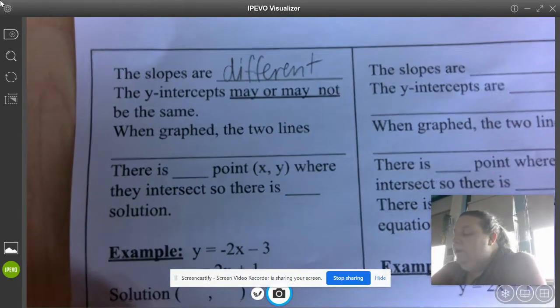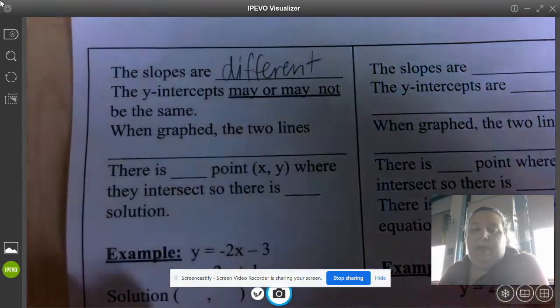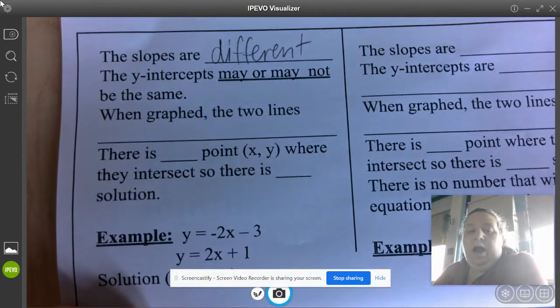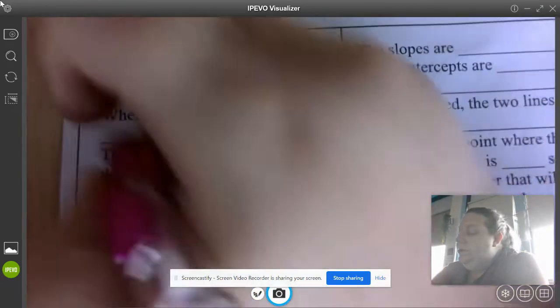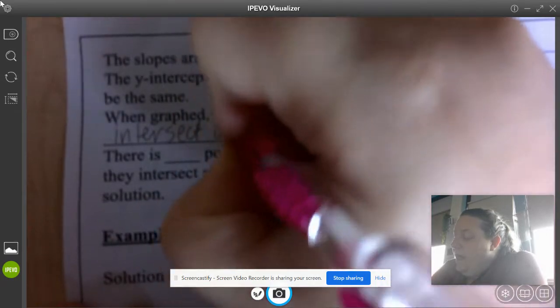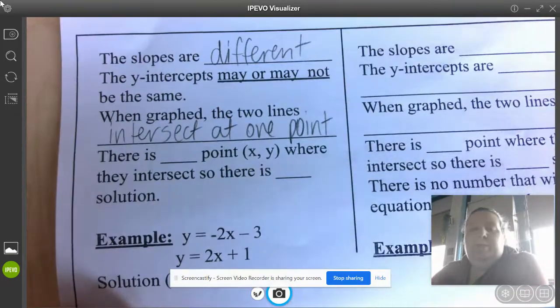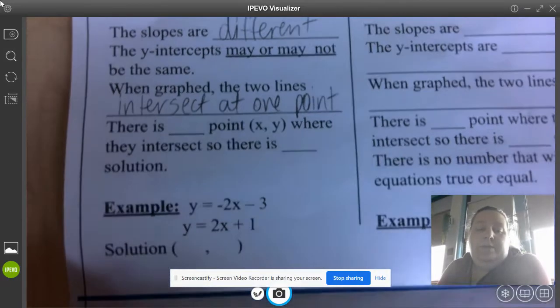The y-intercepts may or may not be the same. Y-intercepts don't matter, it's the slopes that matter. When graphed, the two lines intersect at one point, so they have one solution in common.